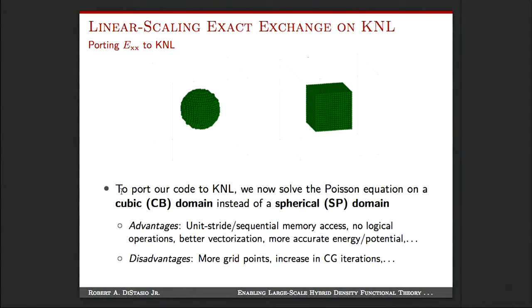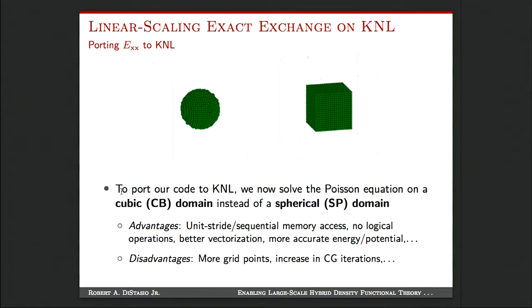Now that has disadvantages and advantages, and I'm going to show you for the rest of the talk that the advantages of this approach outweigh the disadvantages by an order of magnitude at the very least. So, disadvantages. The radius of the sphere would be the same as half the side length of the cube, so no cheating or fooling around.